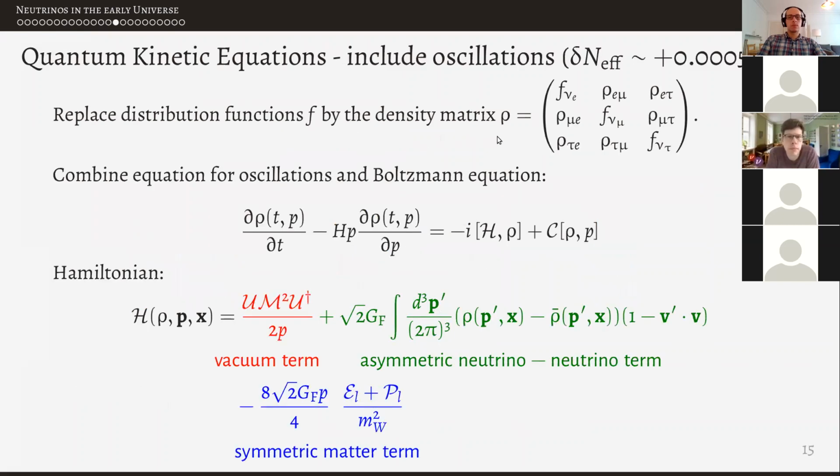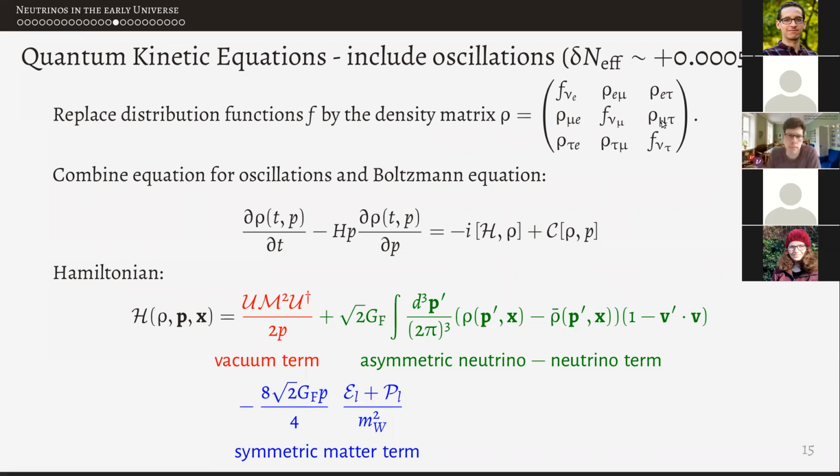So as Shashank introduced, we can treat flavor oscillations with these density matrices. And that means that we need to replace the distribution functions f by density matrices. And the density matrices basically still contain the distribution functions on the diagonal for electron neutrinos, muon neutrinos, and tau neutrinos.